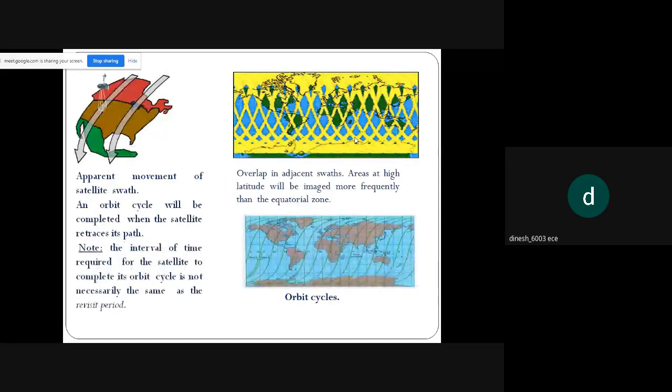You can see an apparent movement of this satellite swath. An orbit cycle will be completed when the satellite retraces its path, either from ascending path or from the descending path.